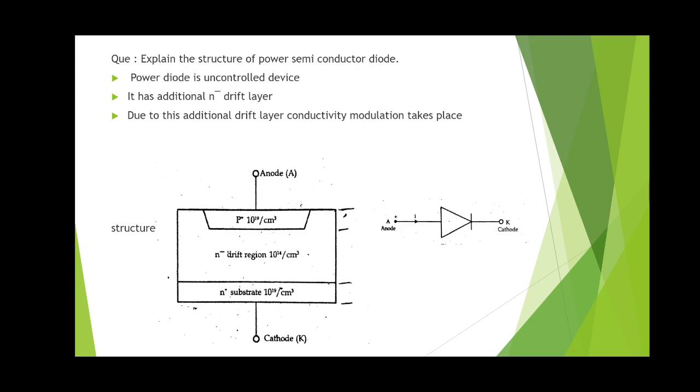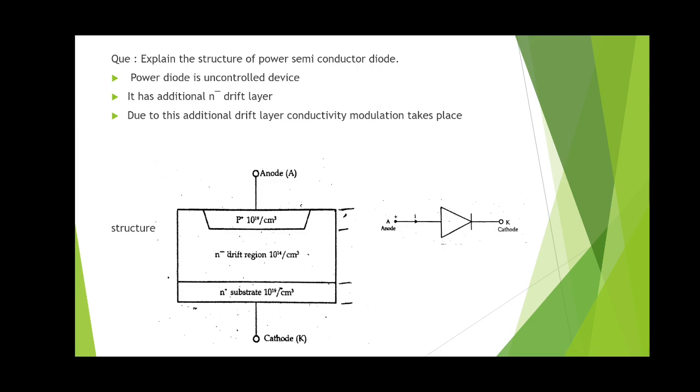It is an uncontrolled device because it has only two terminals, the input terminal and the output terminal. One more important characteristic of this power diode is that due to the additional drift layer, conductivity modulation takes place.